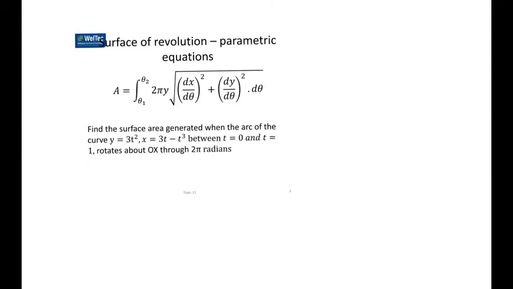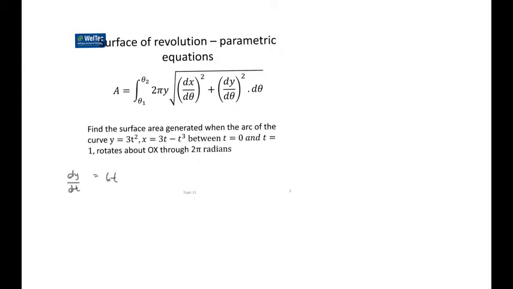The situation is slightly changed when our function is expressed parametrically, but there's a formula for it. So all we have to do is follow the formula. We can find dy by dt being 6t.